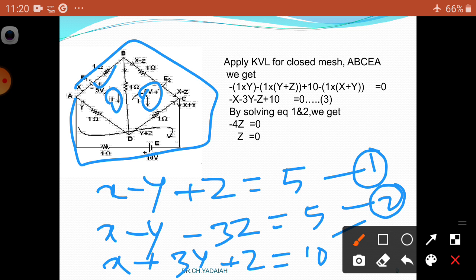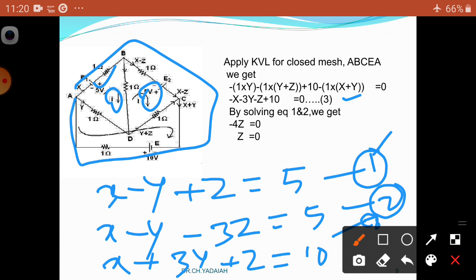This is the third equation. So the first equation is x minus y plus z is equal to 5, the second equation is x minus y minus 3z is equal to 5, and the third equation is x plus 3y plus z is equal to 10. These three equations we got from the three closed loops, and we simplify them.